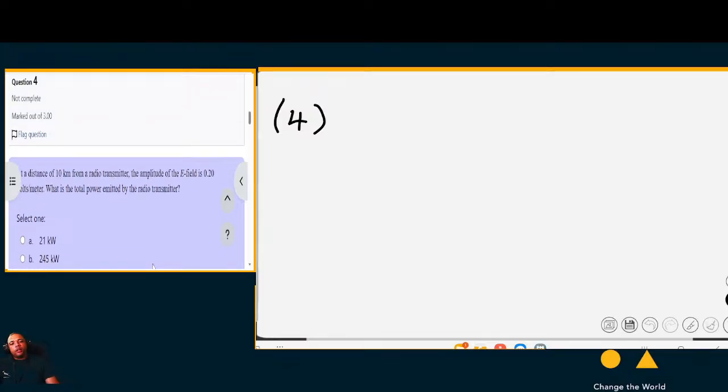At a distance of 10 kilometers from a radio transmitter, the amplitude of an electric field is 0.2. Now this is where it gets fun. These are the questions that you have to answer in the exam.